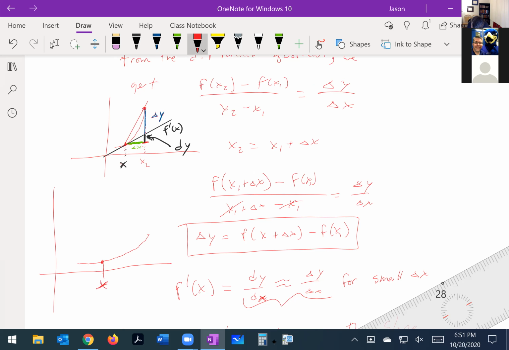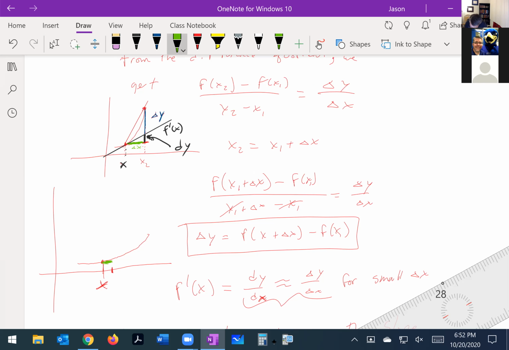So here's x, and the change in x is really small, just right there. This is delta x now. We zoomed in, and so delta x is really small this time.